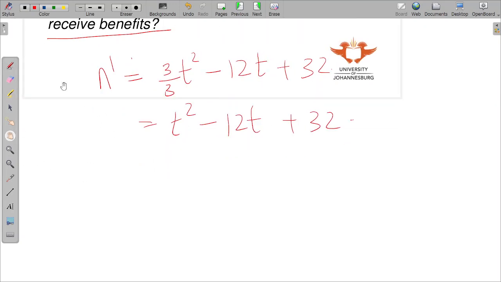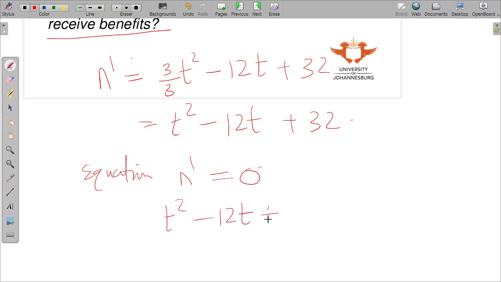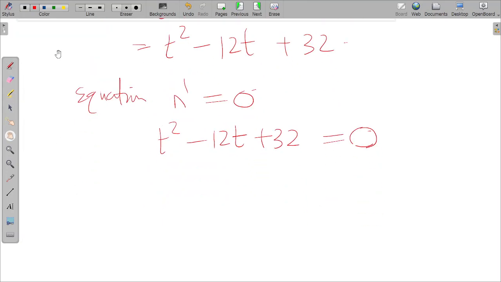The next thing is to equate the derivative to 0. So we have t squared minus 12t plus 32 equals 0. If you factorize this, you should have (t minus 4)(t minus 8) equals 0.